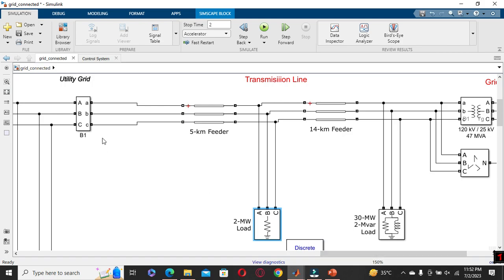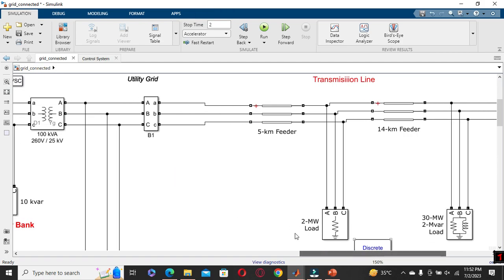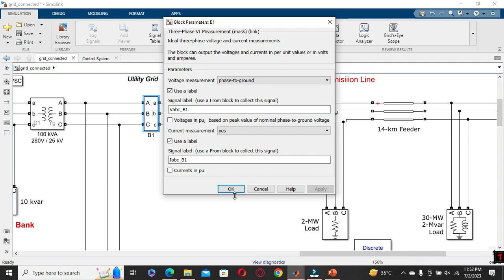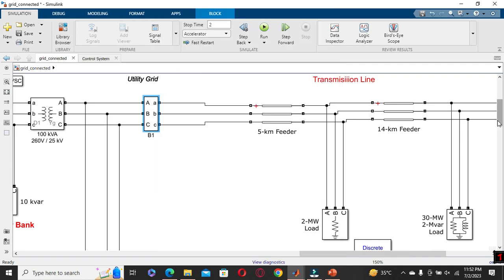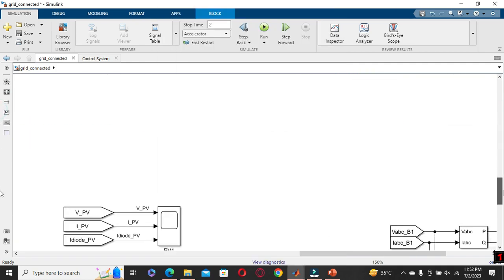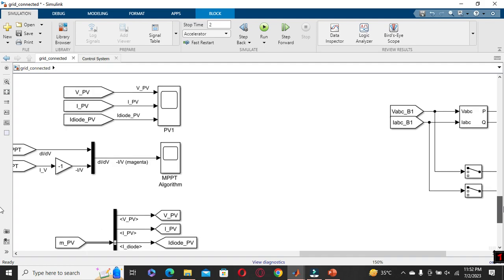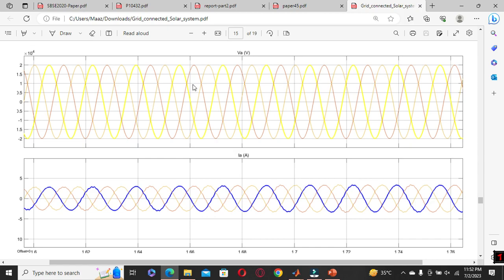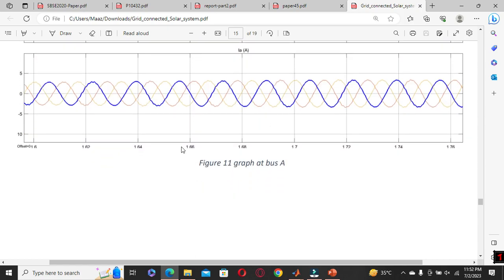VABC and IABC are attached, and they measure the power of the bus. So I put the graph of the VA and I. It is VABC and IABC.